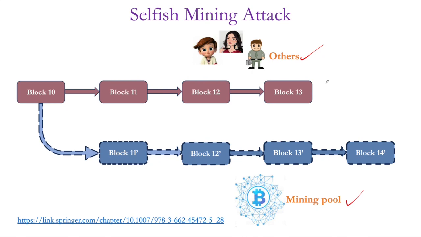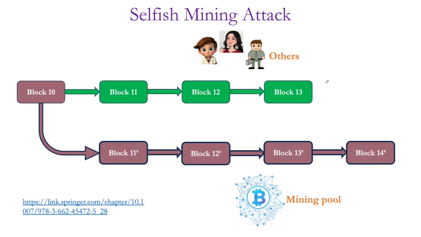They try to build their blocks separately as a private branch of their own. Meanwhile, the honest miners continue mining on the shorter public branch. Because the selfish miners command a relatively small portion of the total mining power, their private branch will not remain ahead of the public branch indefinitely.